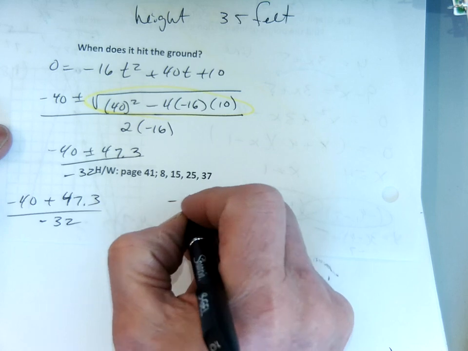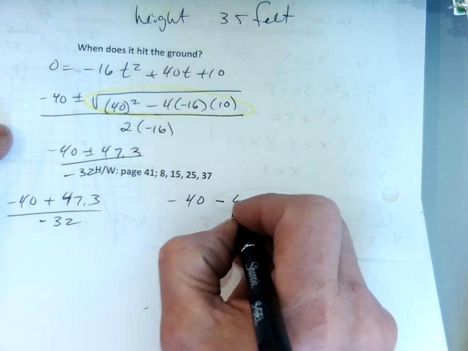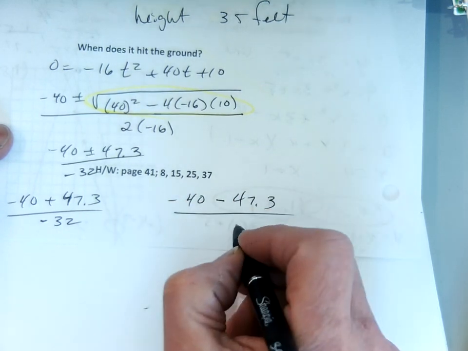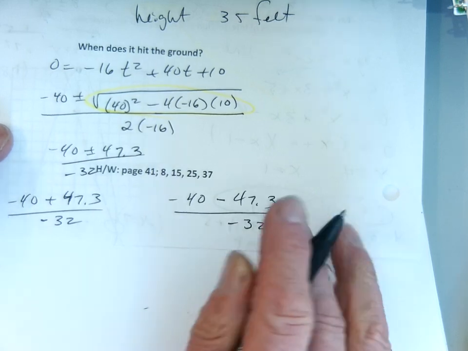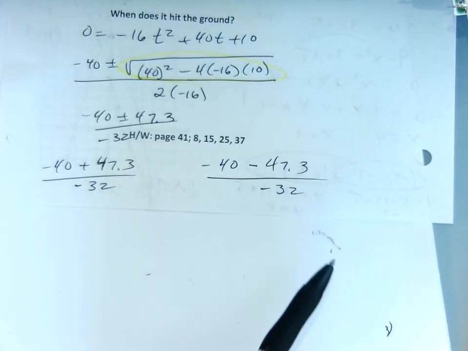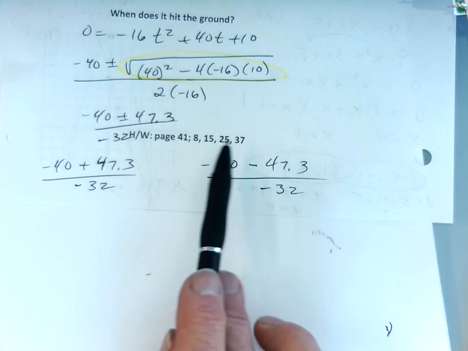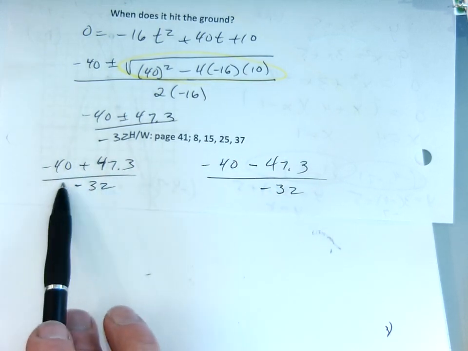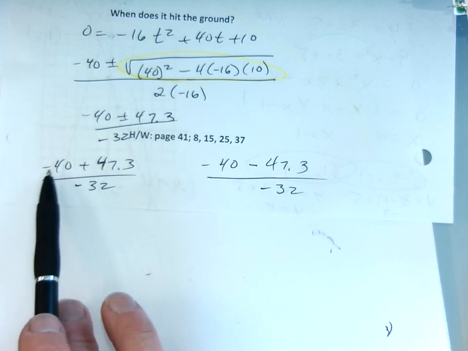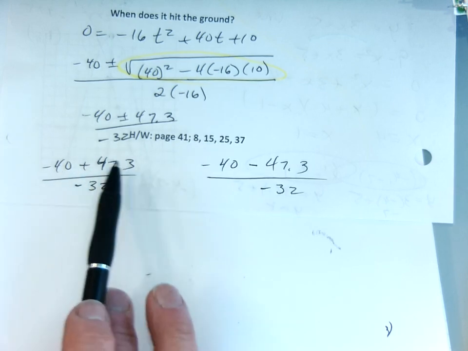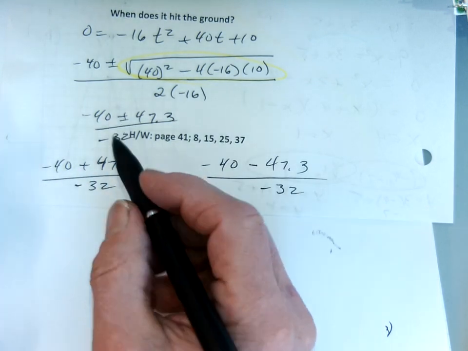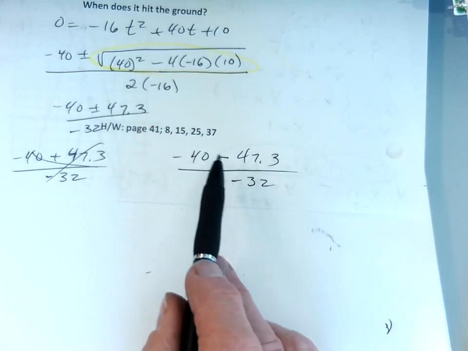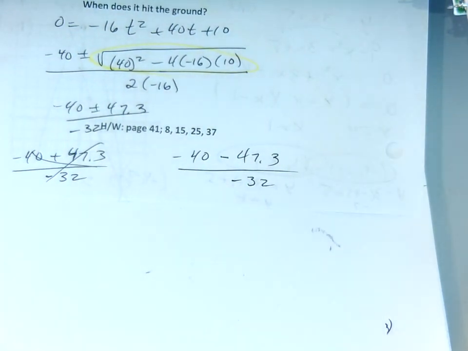And I'm going to have negative 40 minus 47.3 over negative 32. Okay, now, believe it or not, this is the one I'm going to keep. This is the one I'm going to throw away. That will become negative. Everybody agree that's negative? So I'm going to throw that one away. This one will become positive because you have the negative divided by the negative, okay?